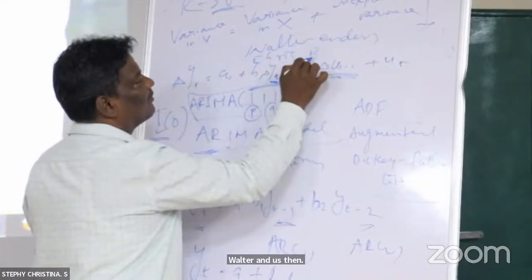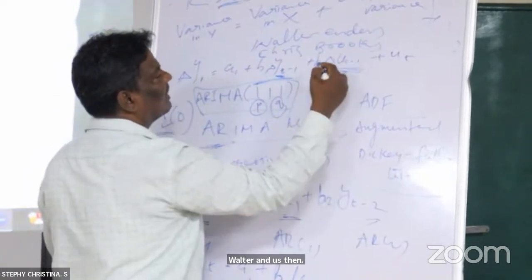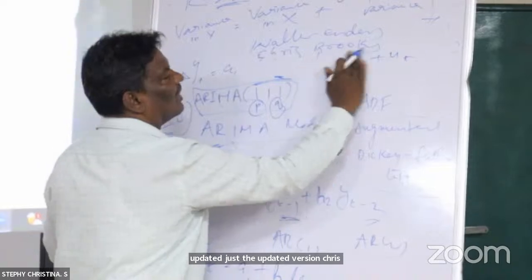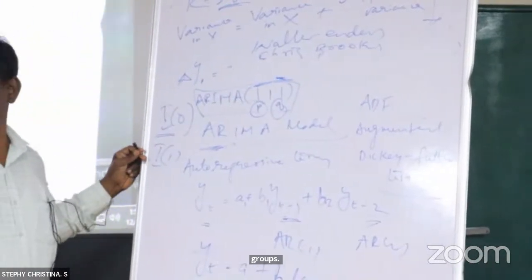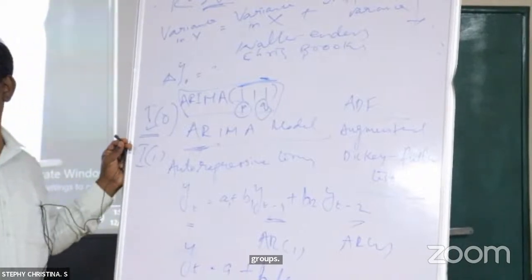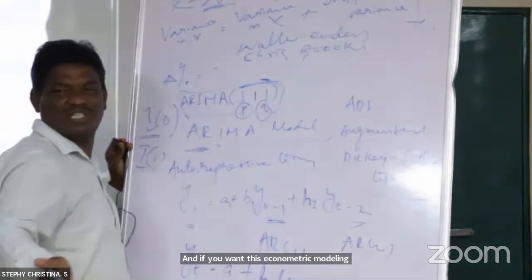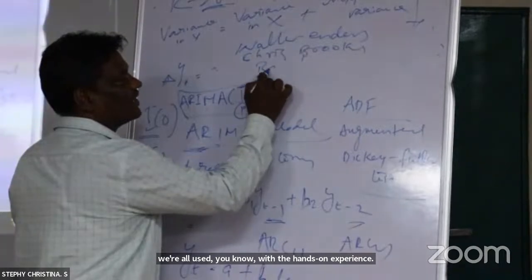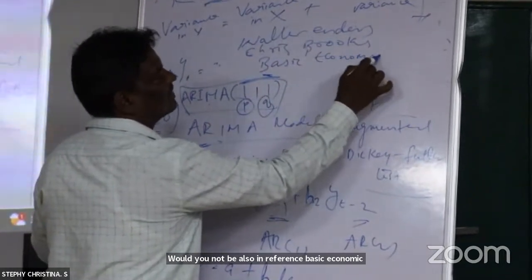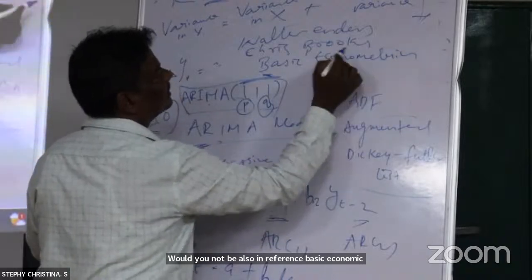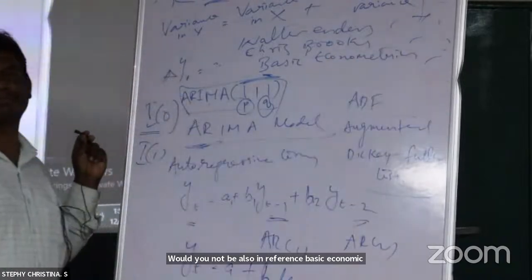Chris Brooks. And if you want econometric modeling, they all give you good hands-on experience. Gujarati also you can refer, basic economics, to start with. 3 books.